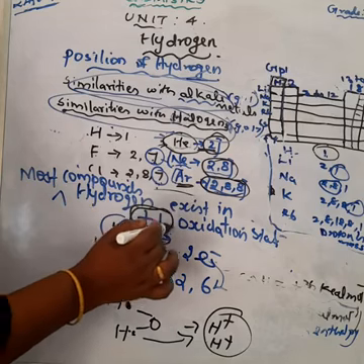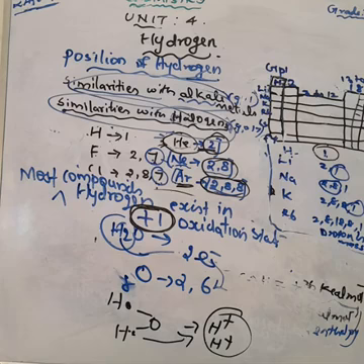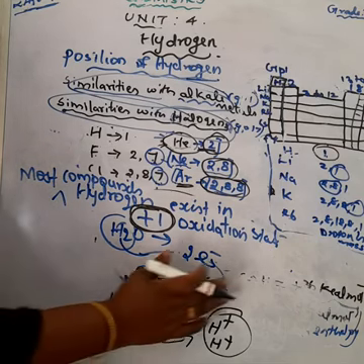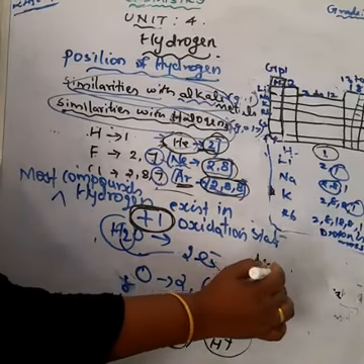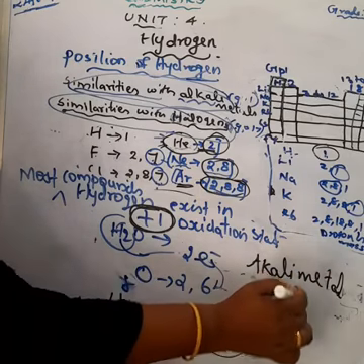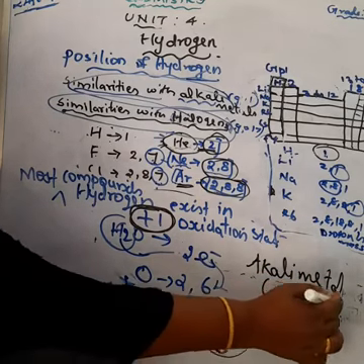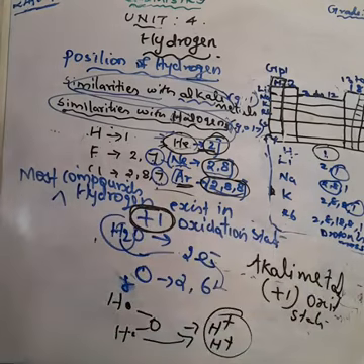Like that, in other compounds hydrogen exists in the +1 oxidation state. Like that, all the group 1 elements, that is the alkali metals, have the +1 oxidation state. So that is the reason to place hydrogen in group 1 along with the alkali metals, as shown in the latest periodic table published by IUPAC.